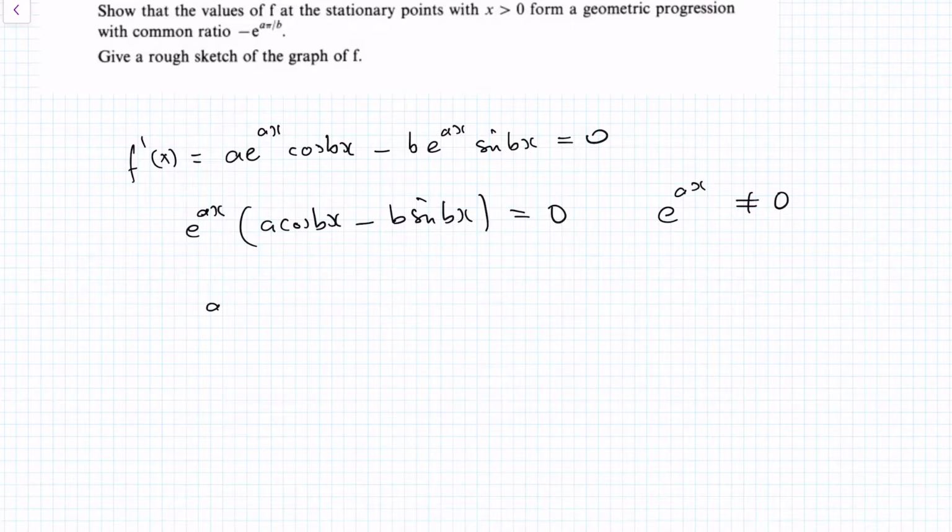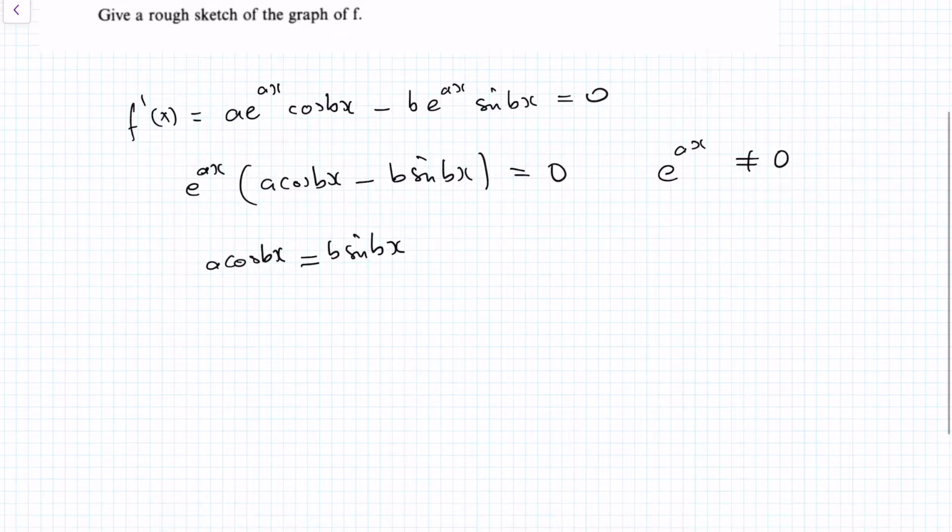That implies a cos bx minus b sine bx is 0, or we could say a cos bx must equal b sine bx. And then that implies a over b is equal to sine bx over cos bx.